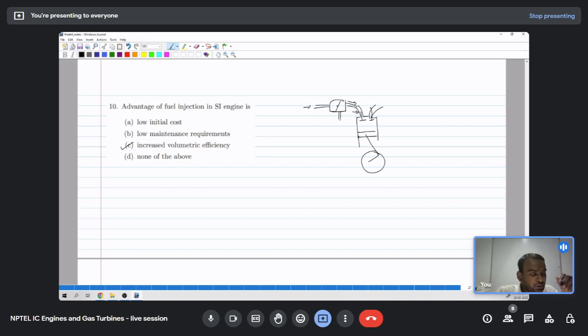So when you have a pre-mixed, in this case the fuel is mixed before the combustion properly, unlike the diesel engine, right? So this is called pre-mixed combustion.